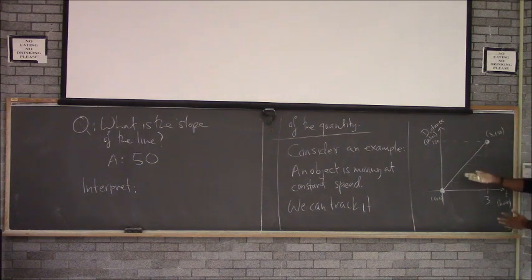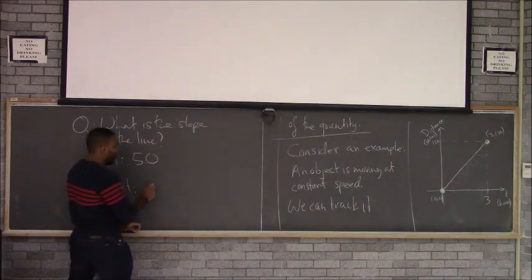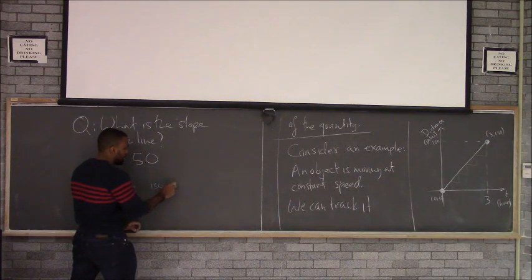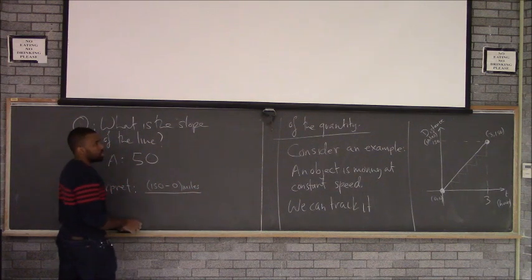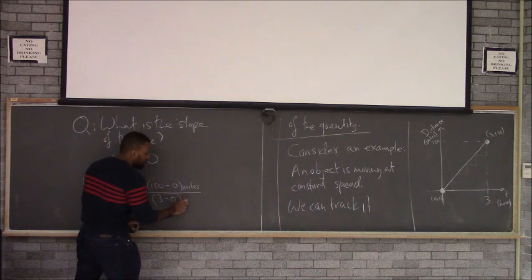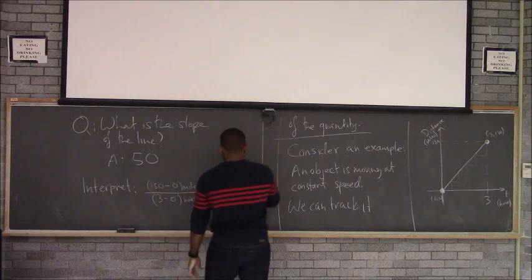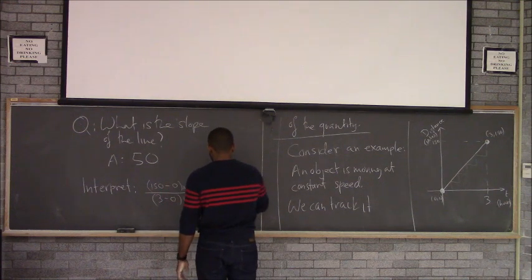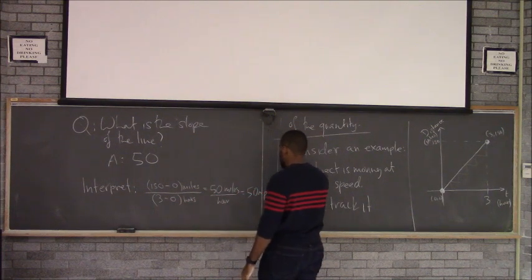But if you're calculating it specifically, you'd have y2 minus y1, measured in units of miles, and x2 minus x1, measured in units of hours. So this isn't just 50, it's 50 miles over hour, or as you might recall, we shorthand that by 50 mph.